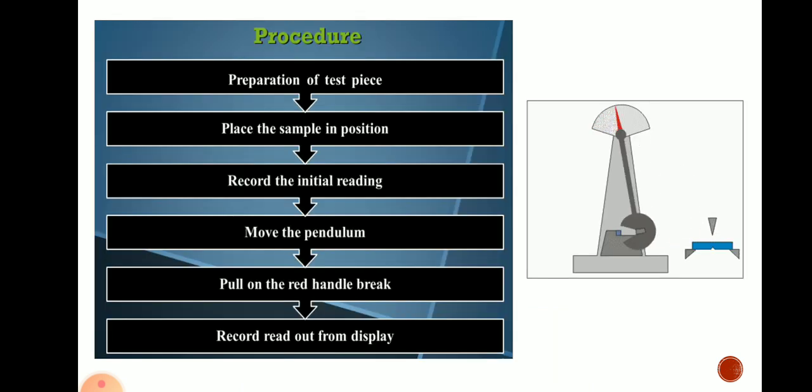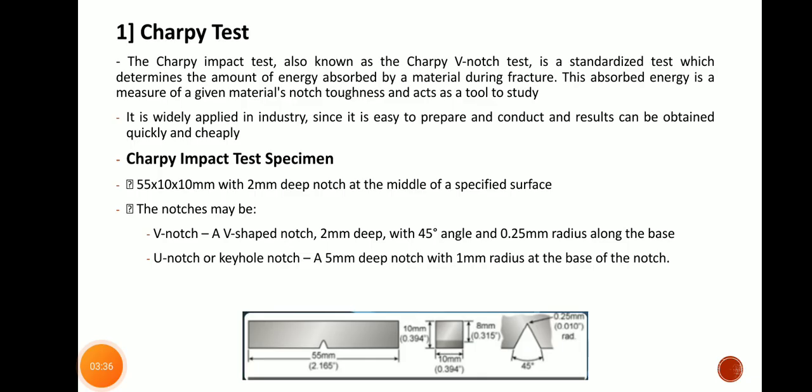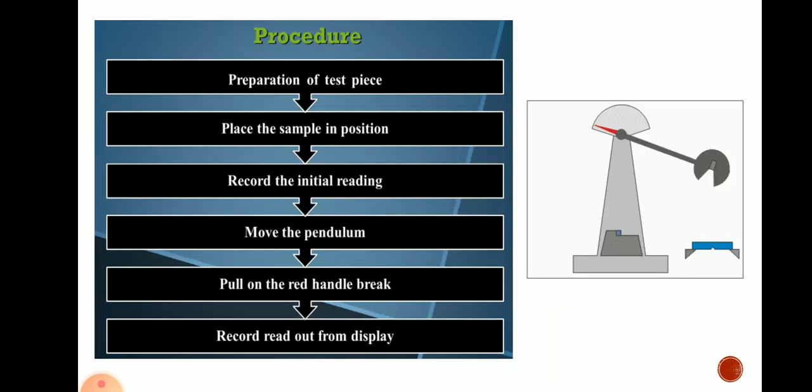Now we will quickly revise the procedure to carry out the Charpy test. In the last video also we have seen this procedure. Firstly, we will prepare the standard test specimen as shown in this diagram, with 55 mm length, 10 mm by 10 mm cross section, and one V notch with a 45-degree angle and a base radius of 0.25 mm.